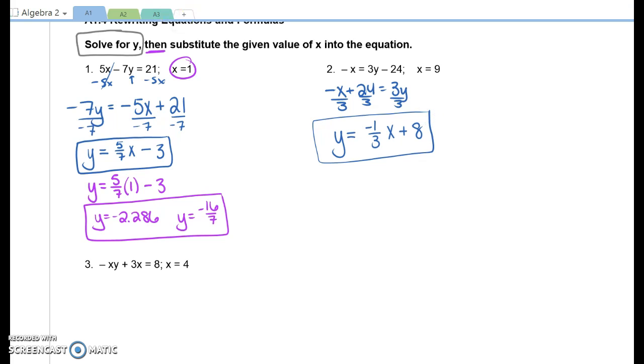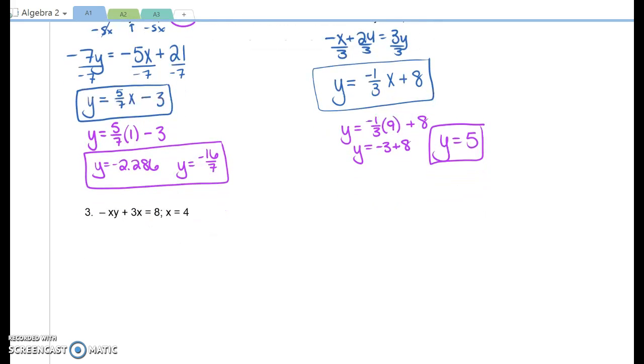When we substitute 9 in place of the x, did you get y equals 5? All right. Number 3, there are 2 ways to do this.